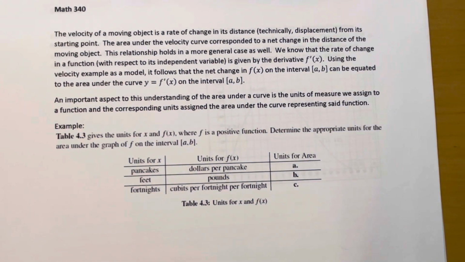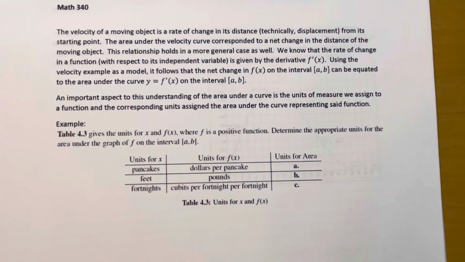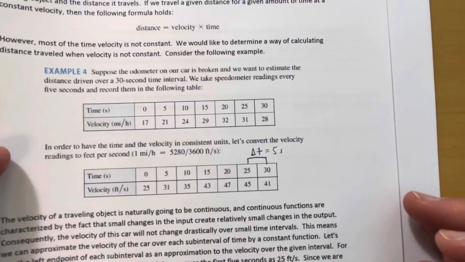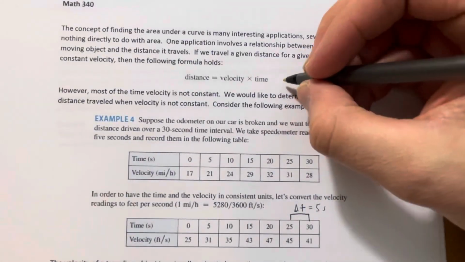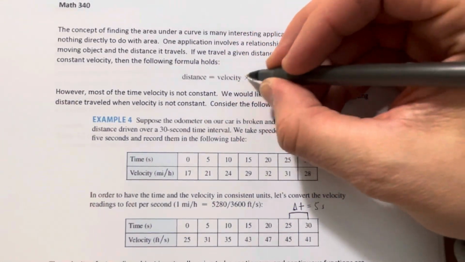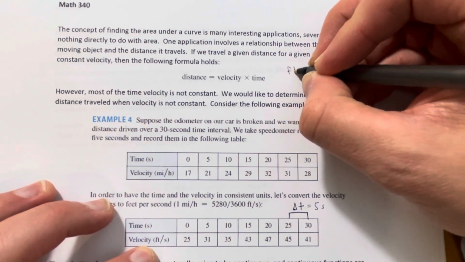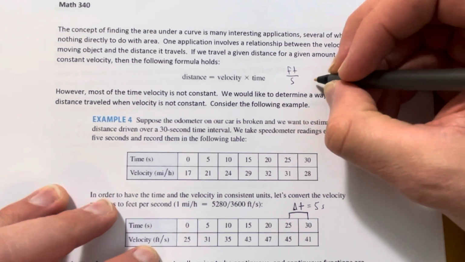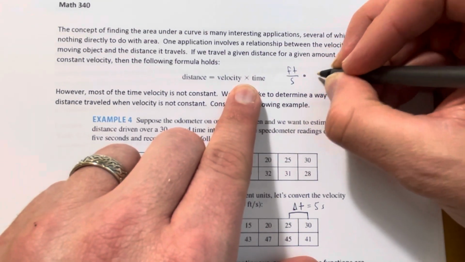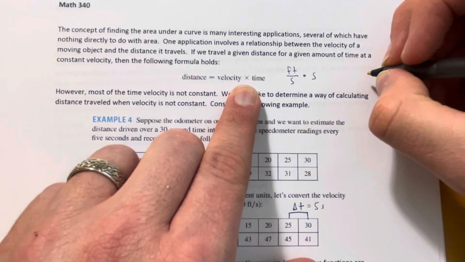Okay. Now, it's important to note that when we do this, the units of measure change. So going back to my velocity example, I'm going to write this off to the side. Velocity, in this case, we measured in feet per second. Time is measured in just seconds.